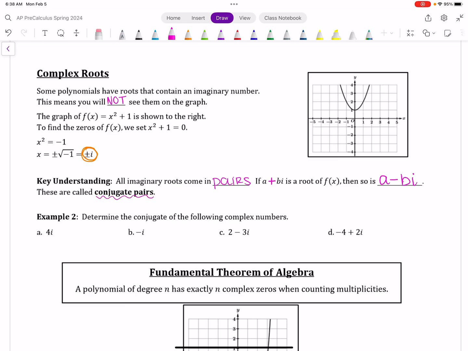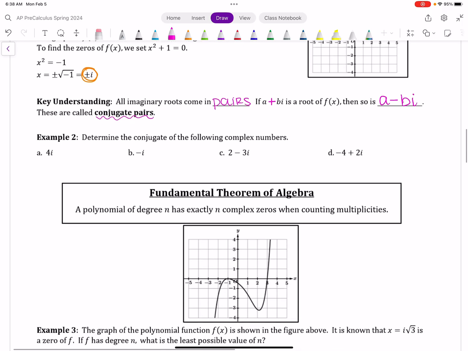So for the examples below, we're going to determine all of their conjugate pairs. So for A, we have positive 4i, so its conjugate pair would be negative 4i. And then I want you guys to try B.